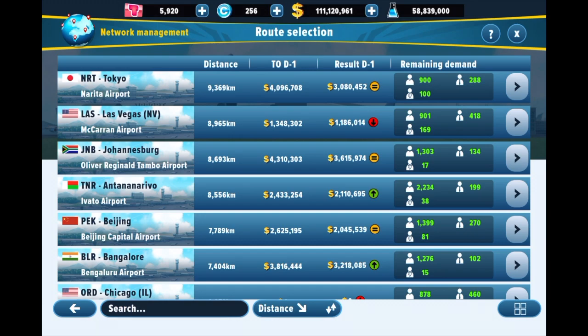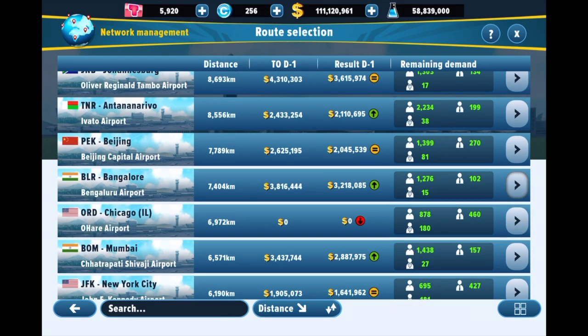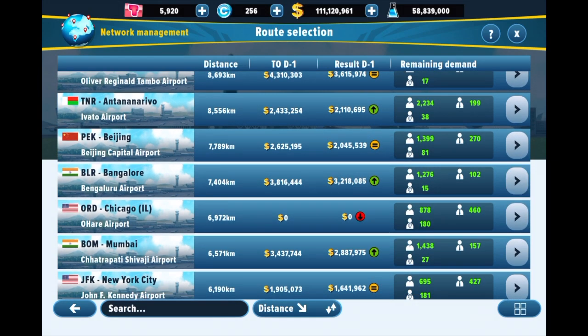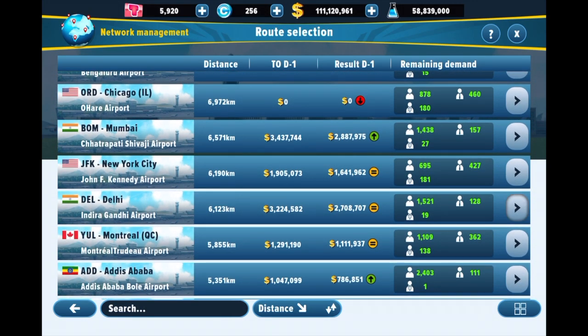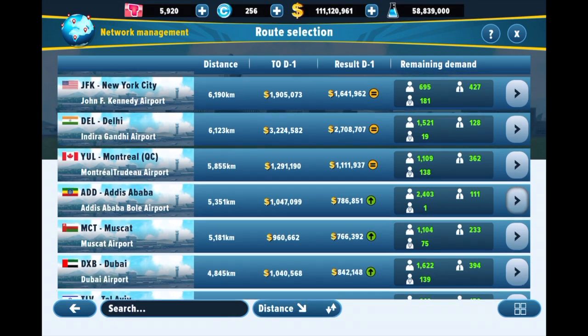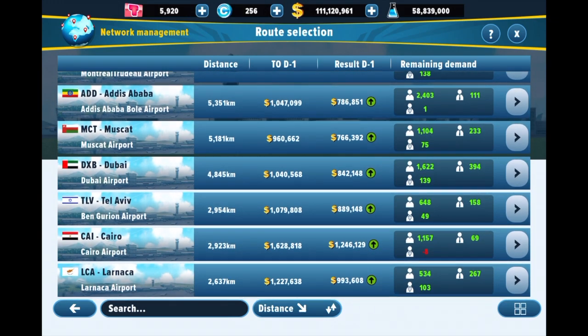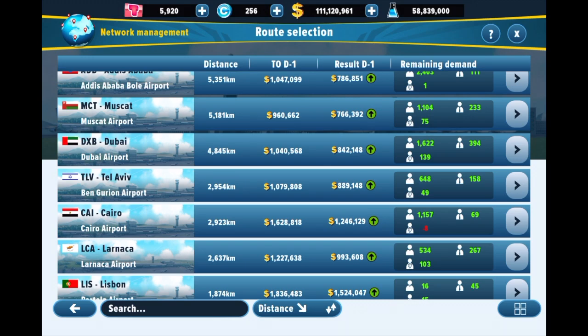Las Vegas, Johannesburg, TNR, I'm not sure how they pronounce it. Antananarivo. Then Beijing is also looking good. Bangalore, Chicago, Mumbai, New York City, Delhi, Montreal, and Addis Ababa. So all these routes between, let's say, Rio and Cairo look good.